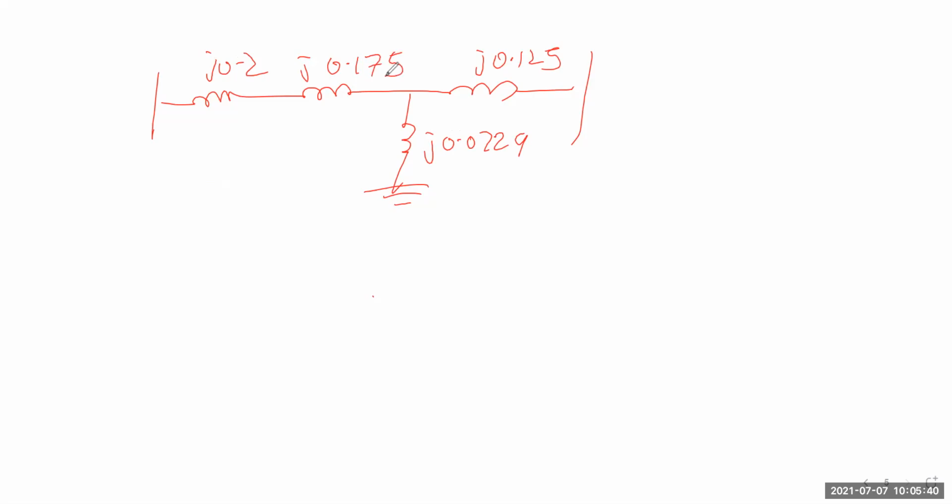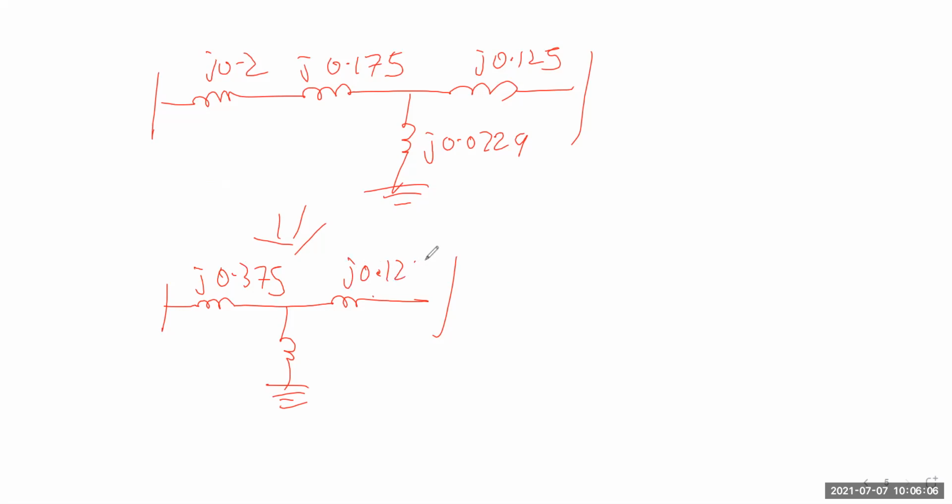This is the particular fashion we have got. Now this could be added. If we redraw this, it will be the sum of this, so it will be 0.375, and this would be as it is, 0.125, and this will be 0.0729.